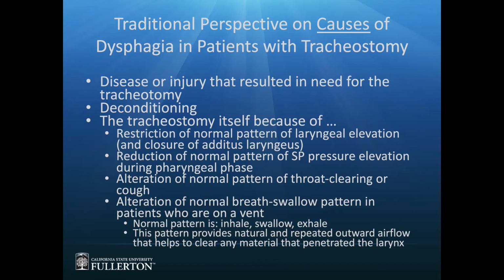The reason it happens is because you're putting a hole through the skin of the neck, through the trachea, and then a tube through it, which does what is referred to as tethering, tethering the larynx down. It's keeping it from having its normal degree of elevation because you're sort of locking it to this place on the front of the neck with a tube that goes through the skin and then the trachea.